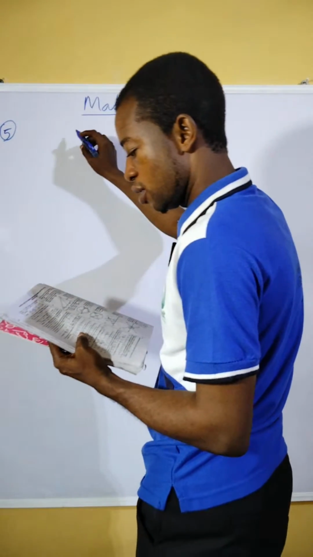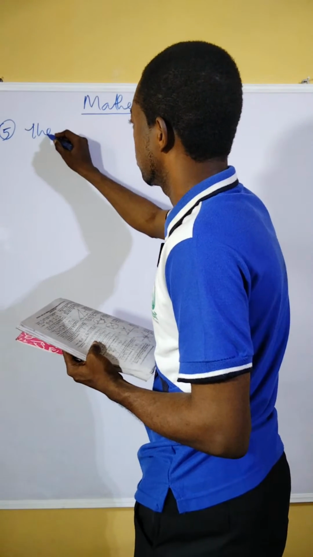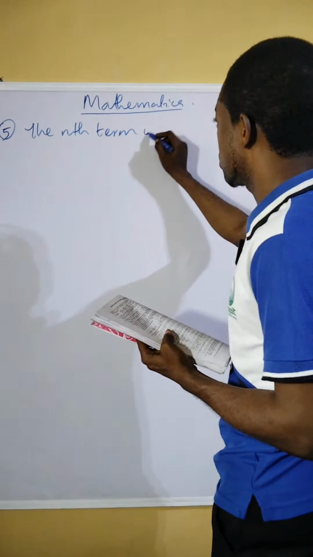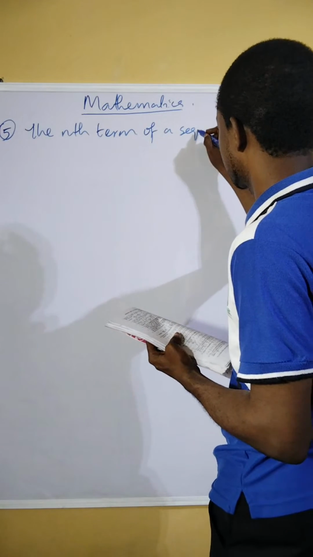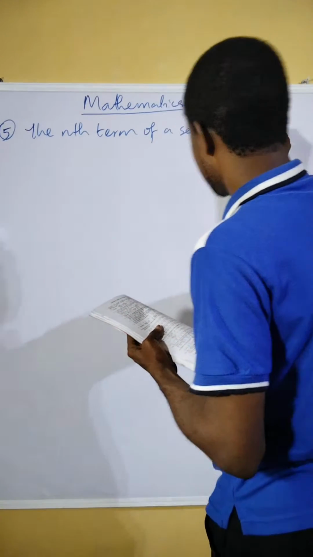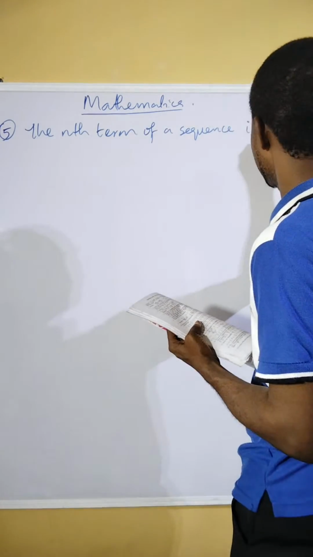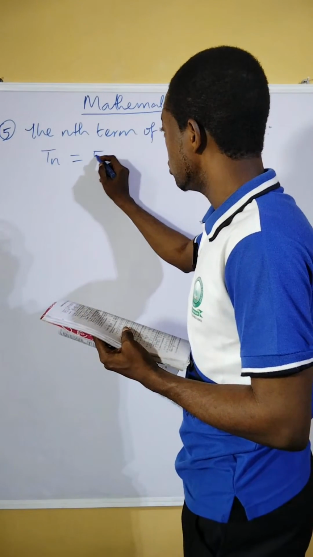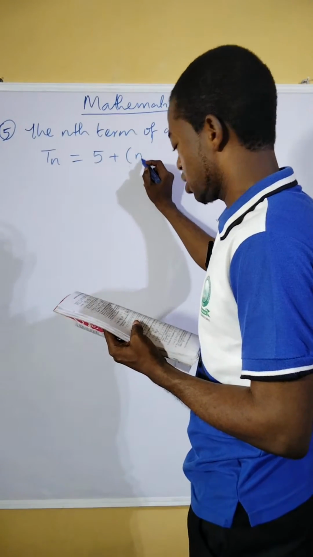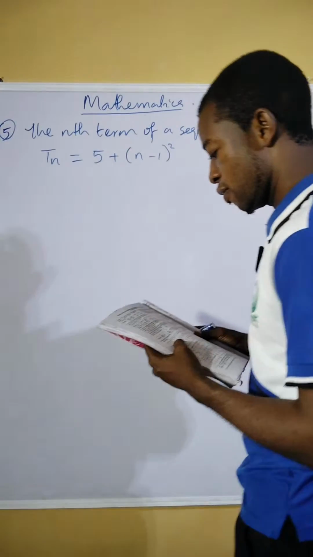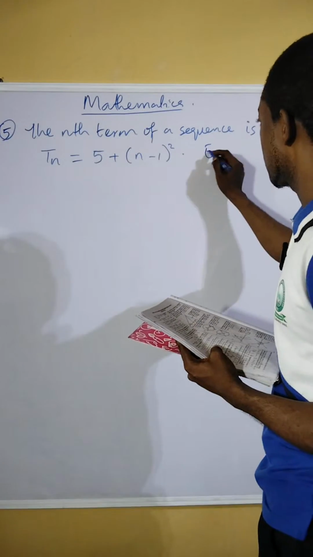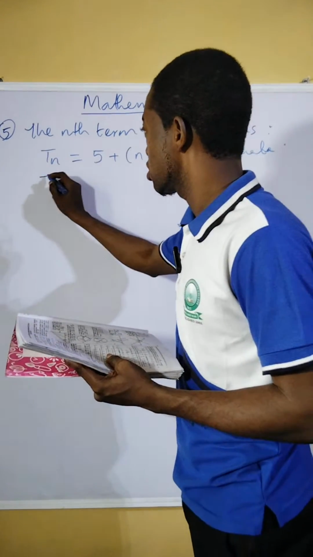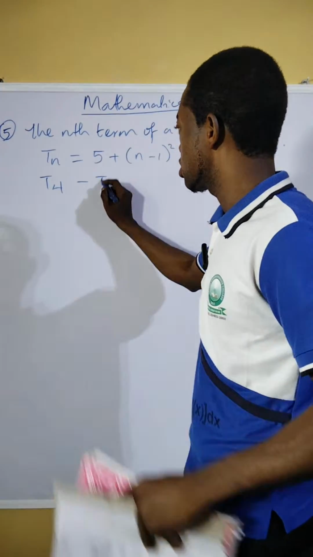Here we have the nth term of a sequence is Tn equals 5 plus bracket n minus 1 squared. Evaluate T4 minus T6.